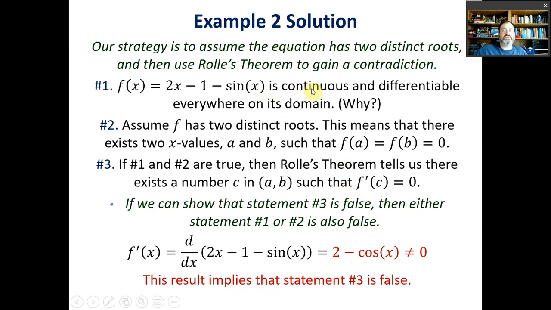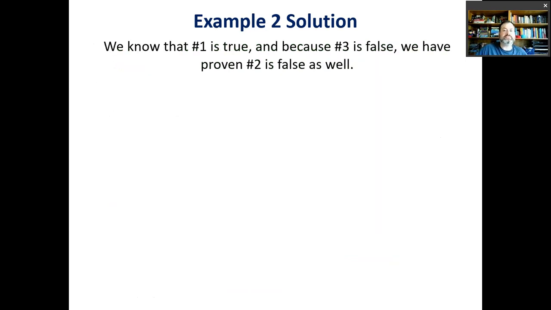Well, we know that this is true, right? You should know why this is continuous and differentiable. That means number 2 has to be false. That means there's something here that's false. Well, we were told to assume f has 2 distinct roots. So if number 2 is false, that's the reason it's false. The assumption of 2 distinct roots is the false assumption.